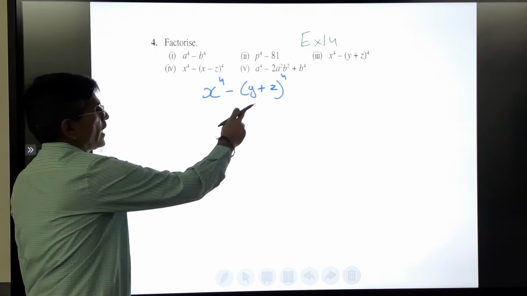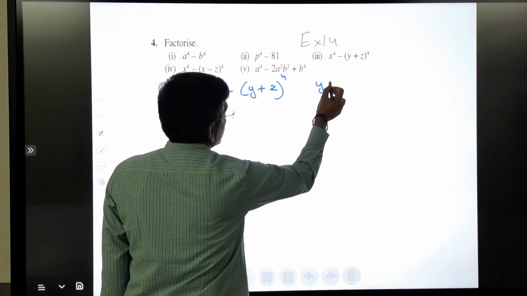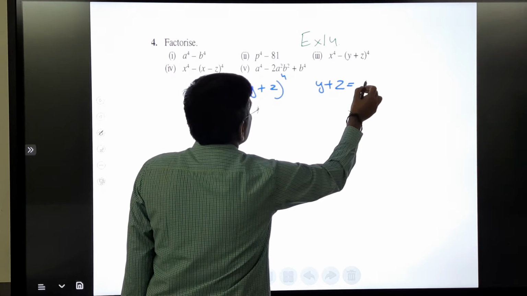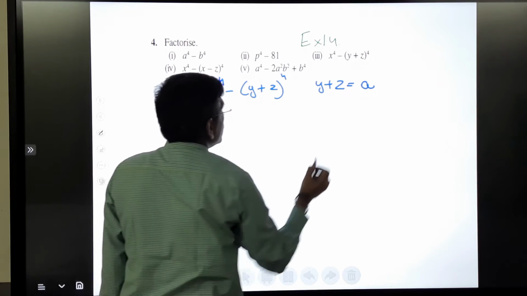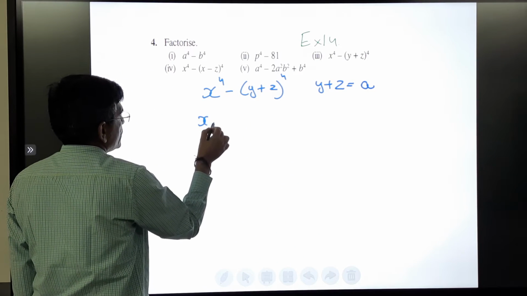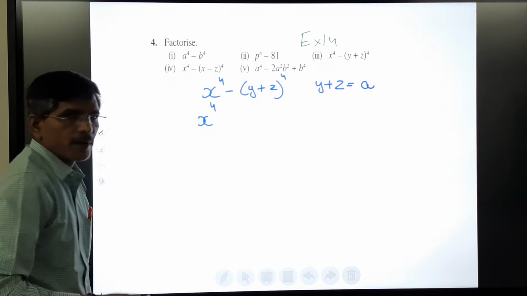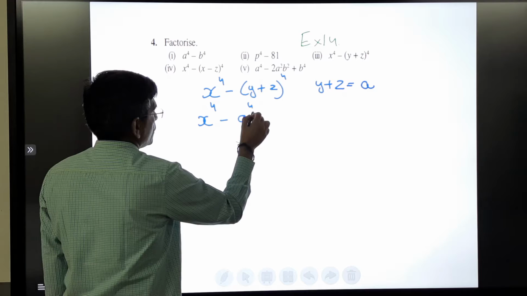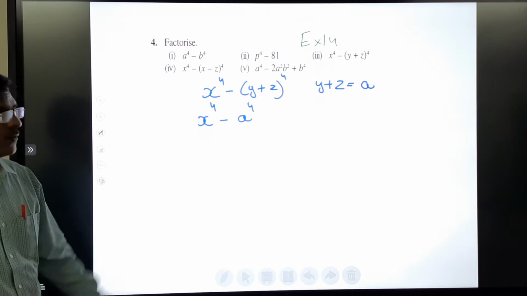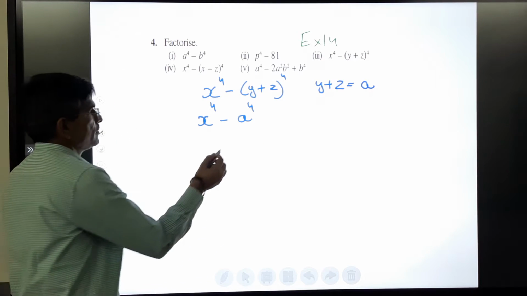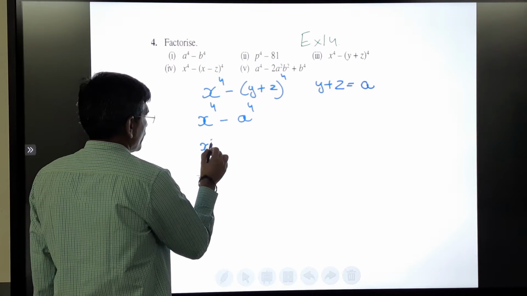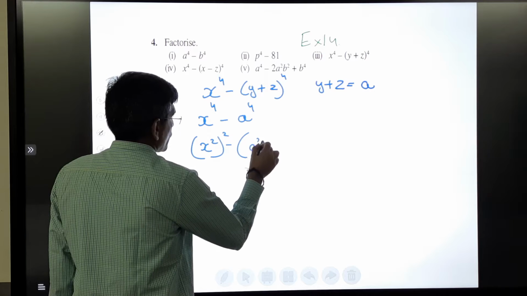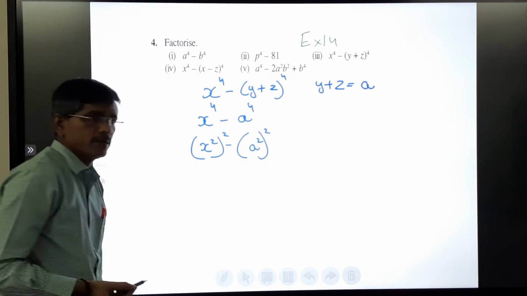So now if I will take y plus z is equal to a, then now question is in form of x the power 4 minus a the power 4. Now what I have to do? Again same, x square whole square minus a square whole to square.